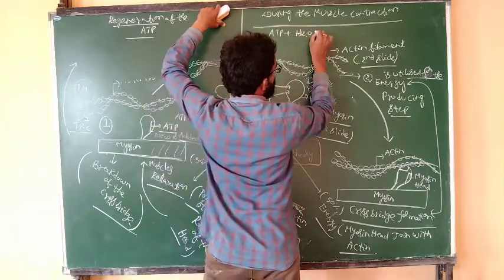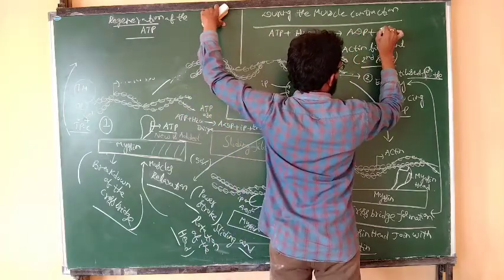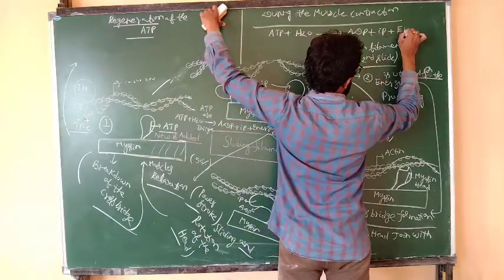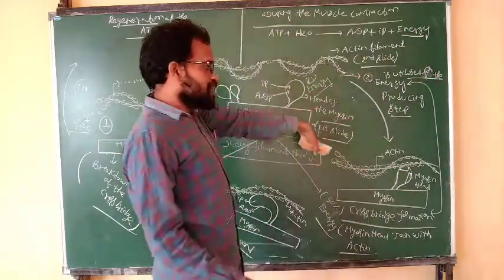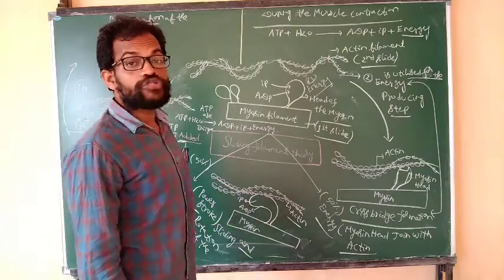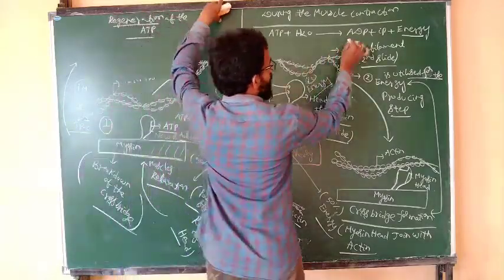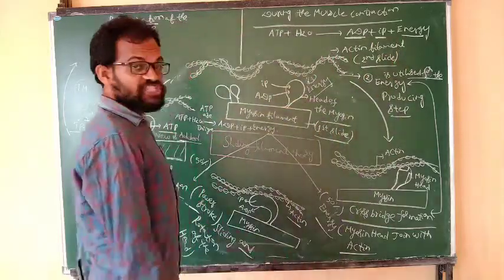What molecules are produced? ADP plus inorganic phosphate plus energy. This energy is utilized for the cross-bridge formation and also the power stroke.